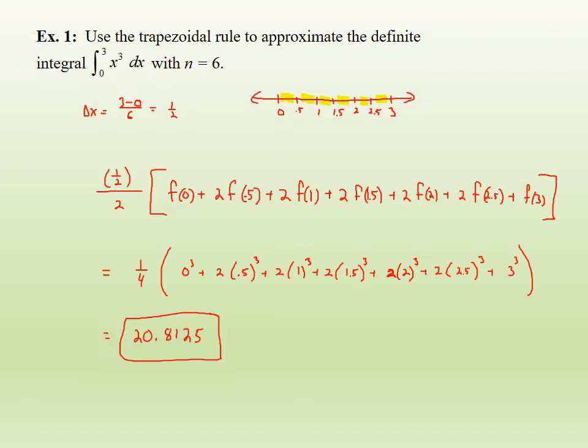The next step is to write the formula for the trapezoidal approximation method. Plug in 1 over 2 in place of delta x, and in place of x0, 0, in place of x1, 0.5, x2, 1, x3, 1.5, x4, 2, x5, 2.5, and x6, 3.